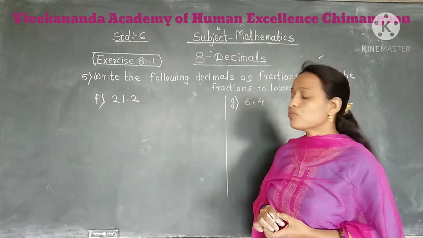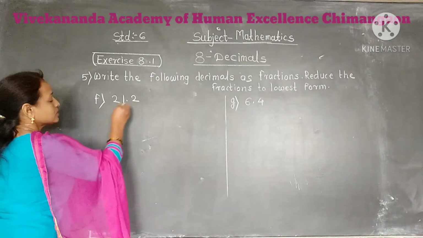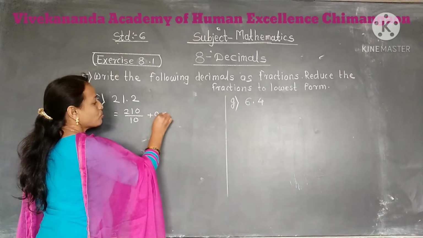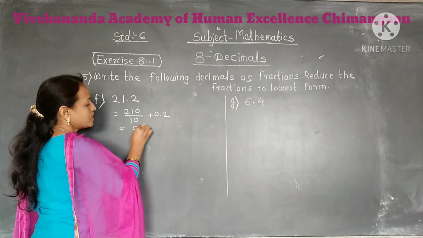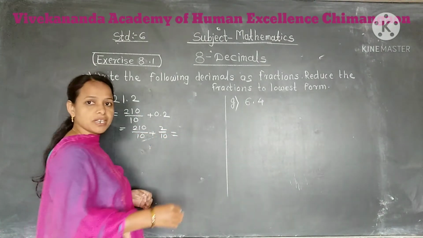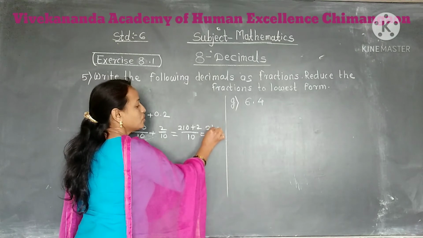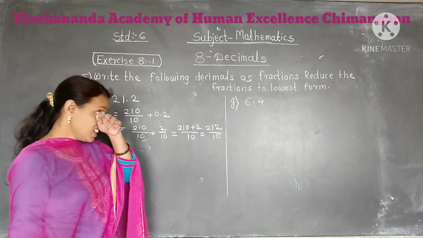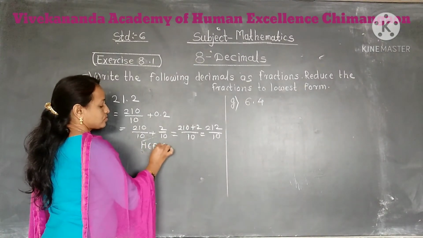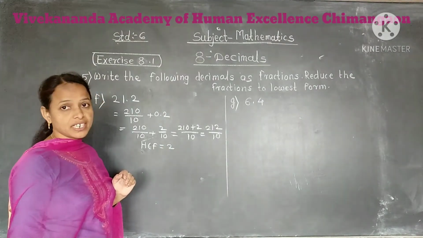Next example, 21.2. So first we write this decimal as a fraction: 210 upon 10 plus 0.2. So we write it as 210 upon 10 plus 2 upon 10. So we add the numerators. We get 210 plus 2 upon 10 is equal to 212 upon 10. Now HCF of 212 and 10 is 2.